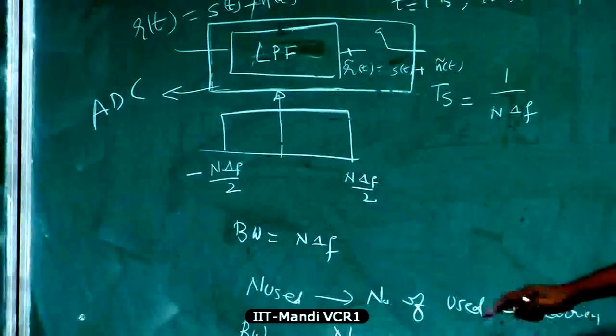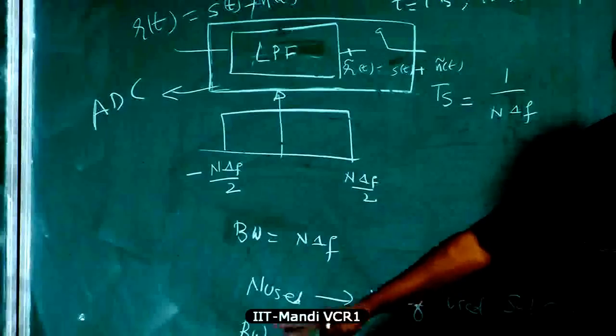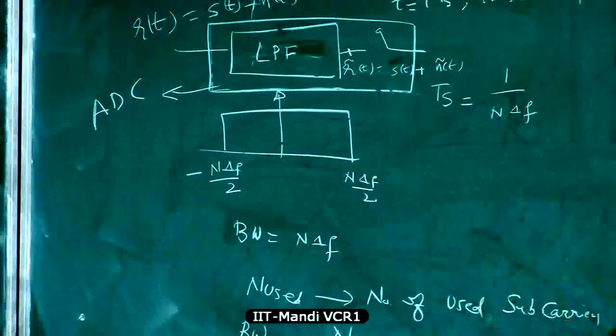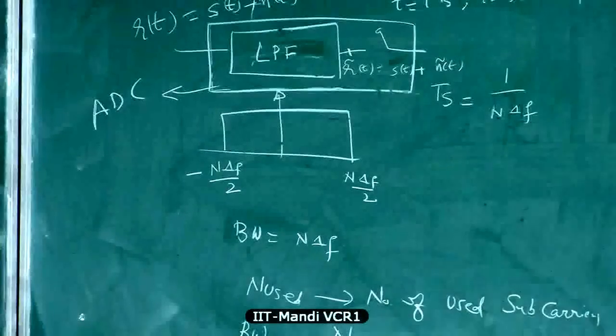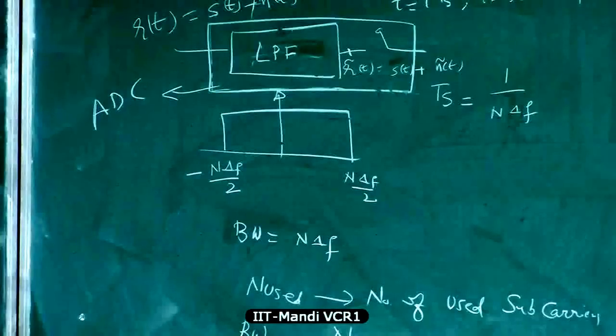Okay. We don't have to worry about n used for the time being, because that will come into picture when you demodulate it. The way we're going to build the receiver, we don't have to worry about n used right now.